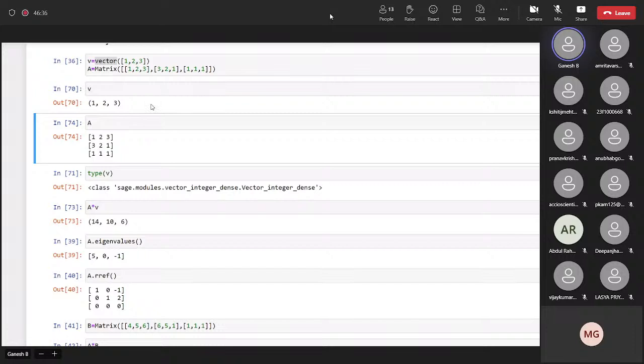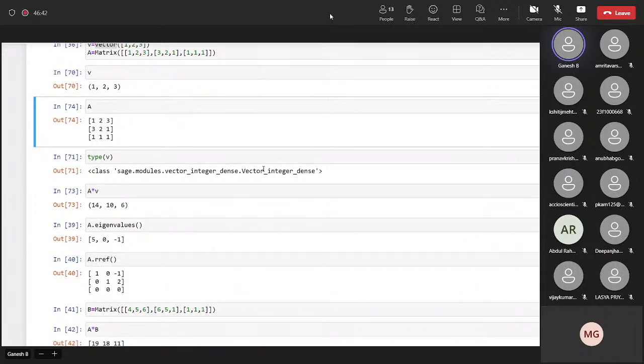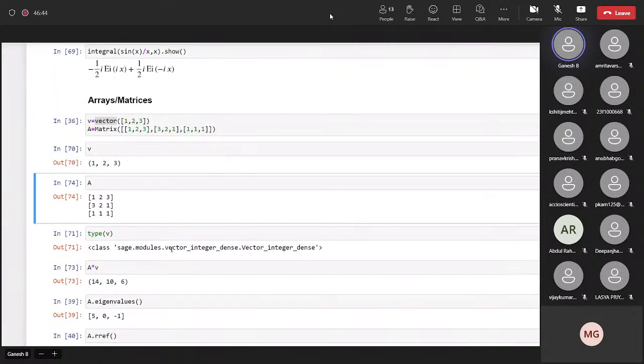And this could be of any shape. It could be a rectangular matrix. It could be any arbitrary matrix. And again, for you to multiply, you need to keep in mind the order of the matrix so that the multiplication makes sense. So your vector is a 3 cross 1 matrix and your matrix is 3 cross 3.